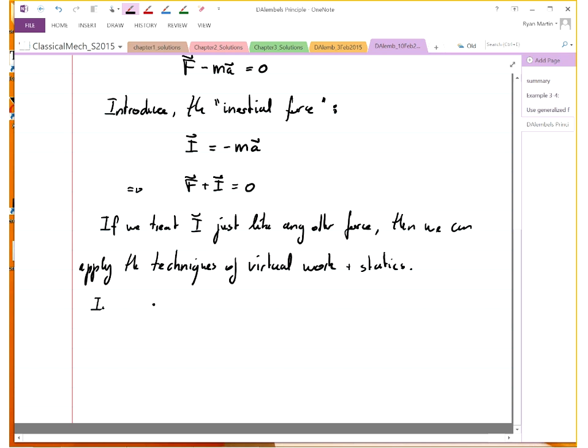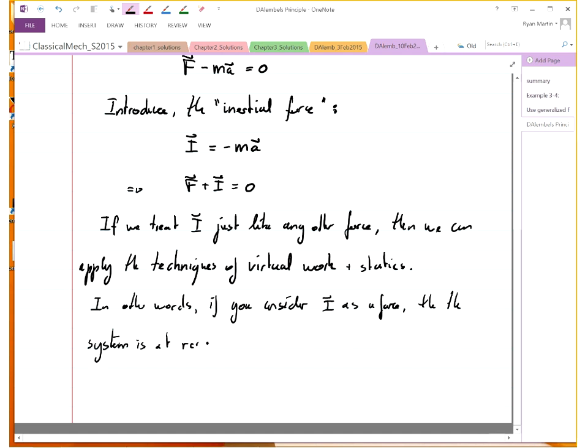In other words, if you consider I as a force, then the system is at rest. And by that I mean the sum of the forces is equal to zero.